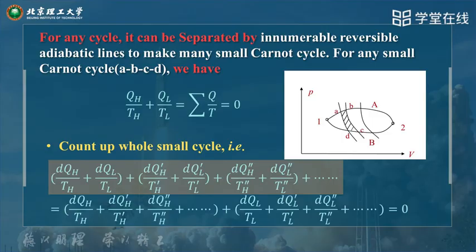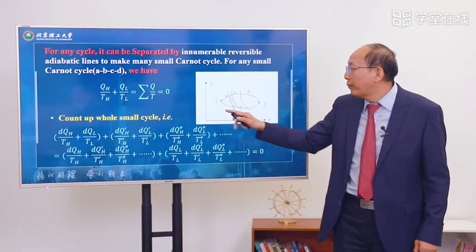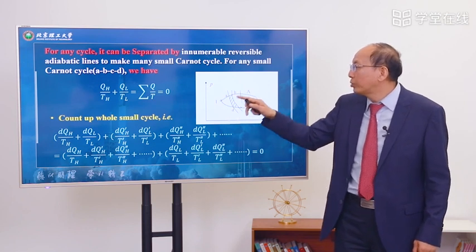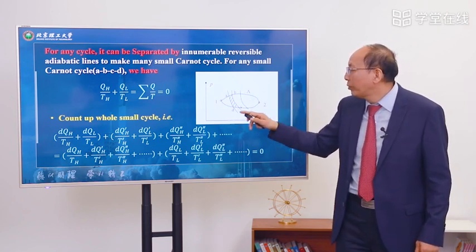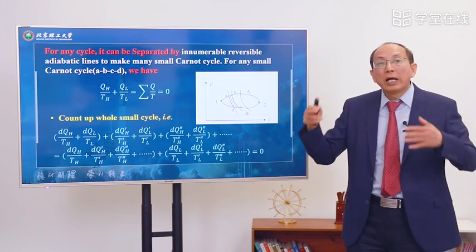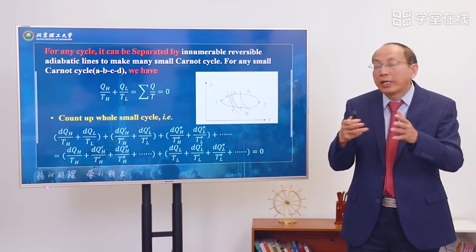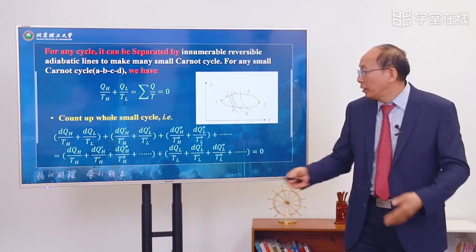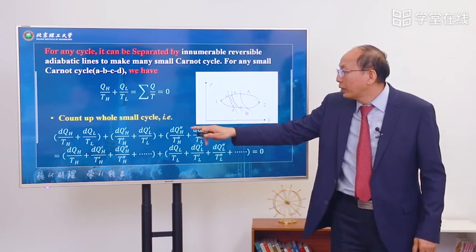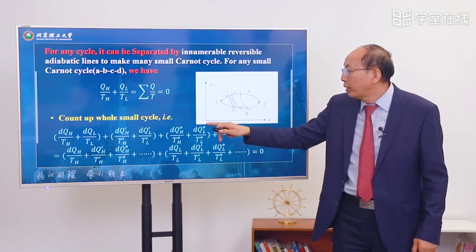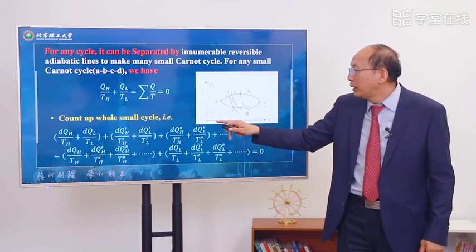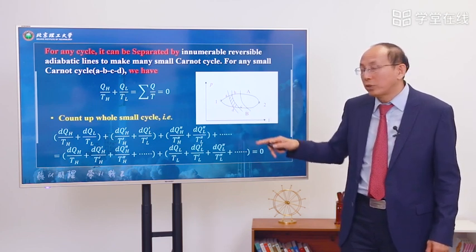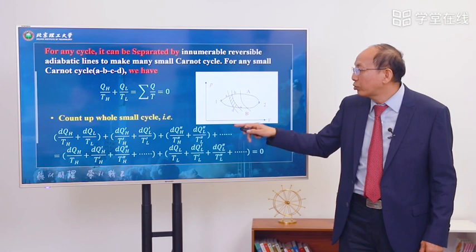We can find dQH, dQH prime, dQH 2 primes at the high temperature, and we can put them together: dQH over TH plus dQH prime over TH prime and dQH 2 primes over TH 2 primes.